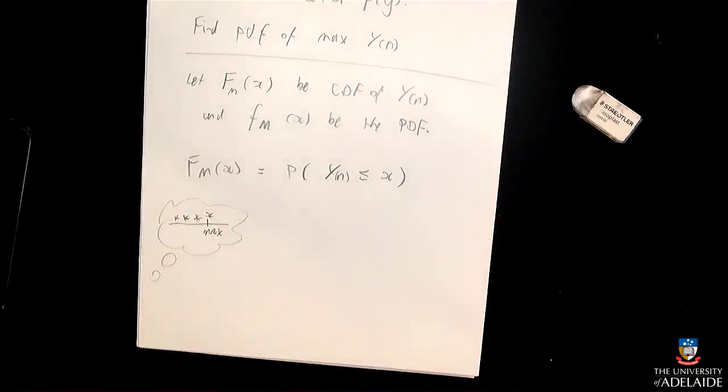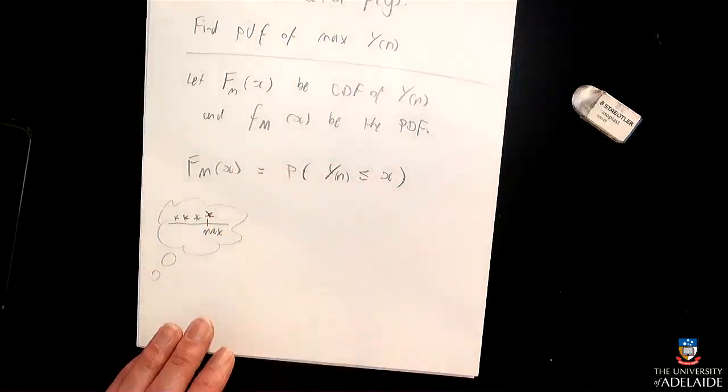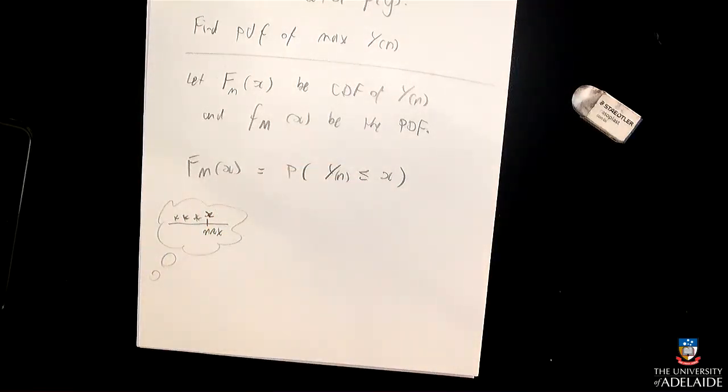So if the maximum is less than or equal to x, then all of the individual ones have to be less than or equal to x, and that works both ways. It's very useful to not talk about the maximum being equal to x, because then you have to be sure that one of them is equal to x. But if you just say it's less than or equal to x, then everything being less than x makes the maximum less than x. Okay, cool.